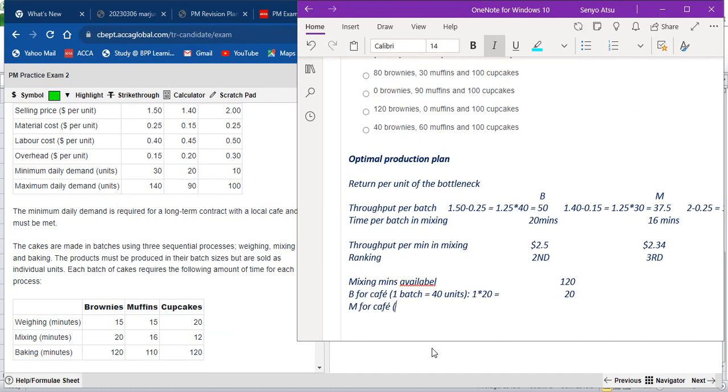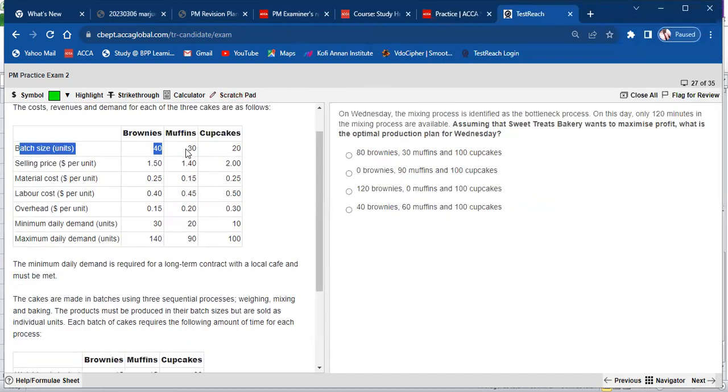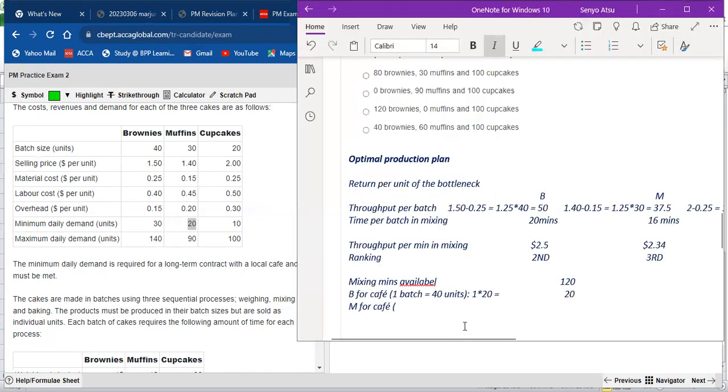The cafe needs 20, but I cannot produce less than a batch; I must set up the batch to produce 30. So I'm going to produce one batch, which is 30 units, and they need 16 minutes there. So that will also use up 16 minutes.